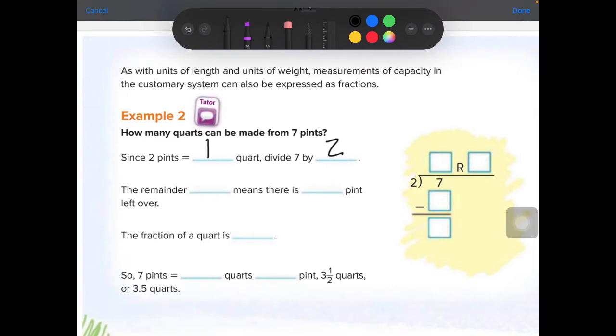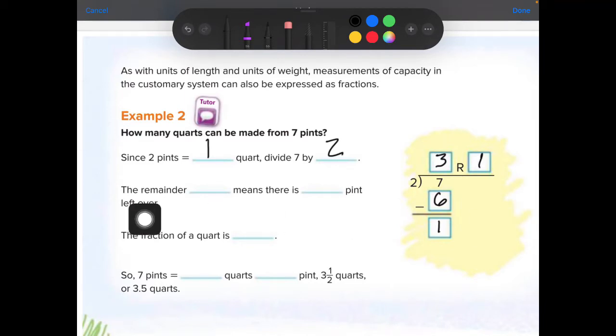Divide 7 by 2. They want to know how many quarts can be made from 7 pints. The remainder, let's divide it. 2 will go into 7 at least 3 times. 3 times 2 is 6. 7 minus 6 is 1. So our answer is going to be 3 remainder 1.